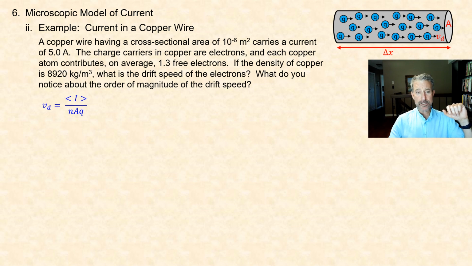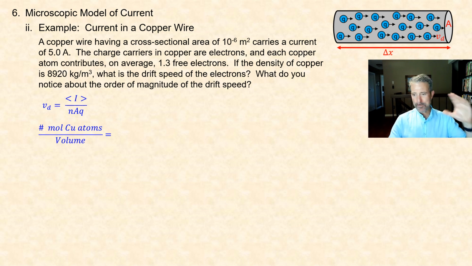Notice that the current and the cross-sectional area are given to us, so what we really need to do in this problem is find the charge carrier density N. That's our biggest challenge here. Q, the charge of a mobile charge carrier, is simply the charge of an electron. So I'm going to start here. This does help if you've had some chemistry in your background. The number of moles of copper atoms per volume.